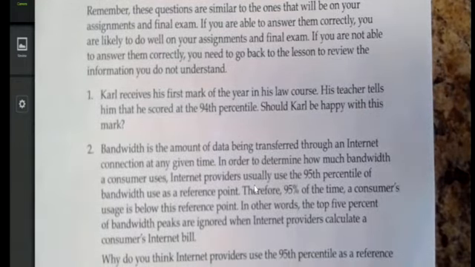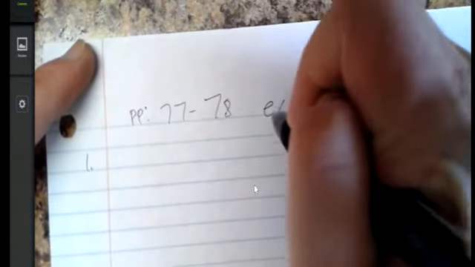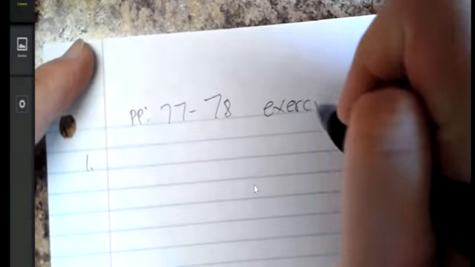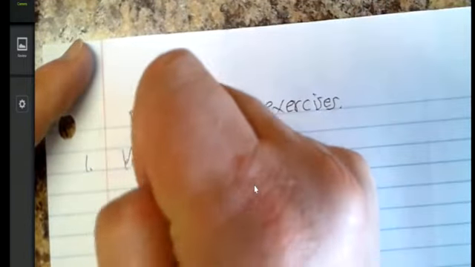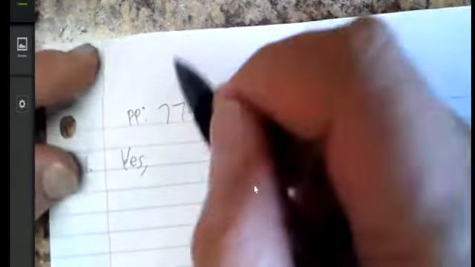His teacher tells him he scored in the 94th percentile. Should Carl be happy with his mark? So this is page 77 to 78, exercises. Number 1. The answer is, of course, yes.